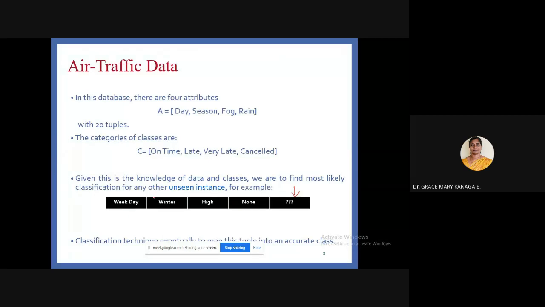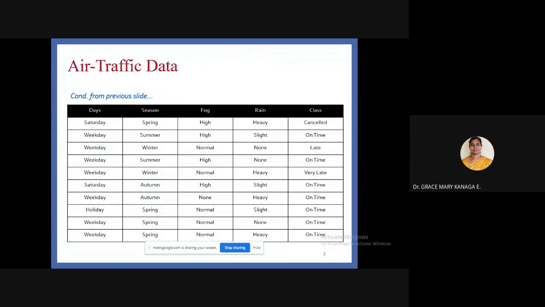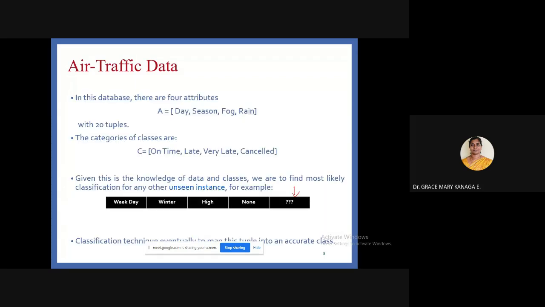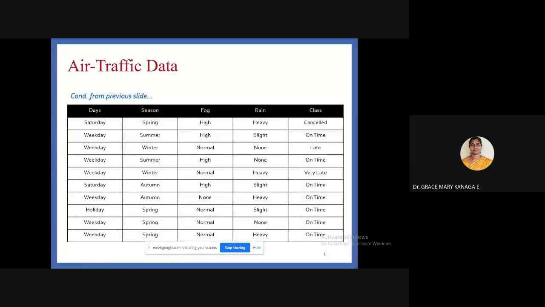When you see weekday, winter, high, none, this combination is not there in the given observations or given data. Weekday, winter, you can't see high here. Here it is normal, but in the query it is actually high.